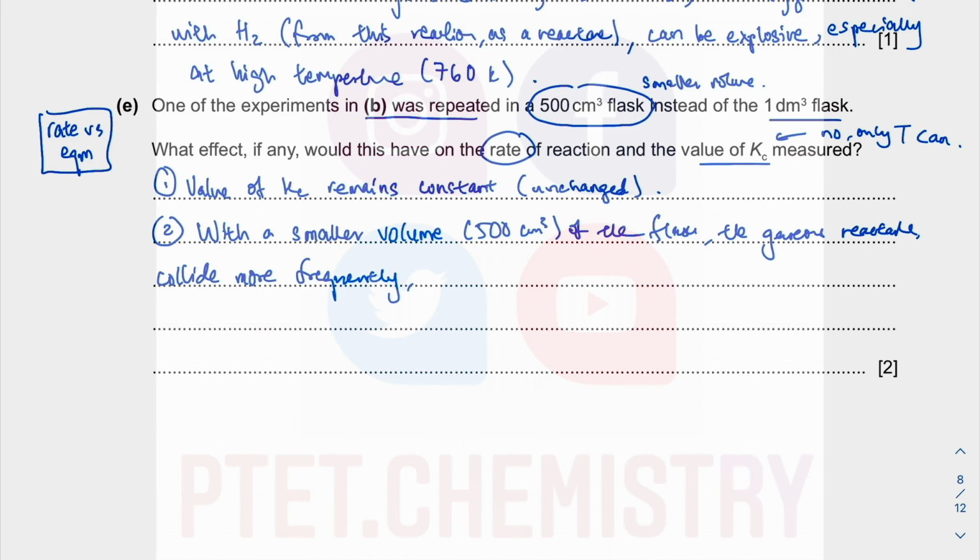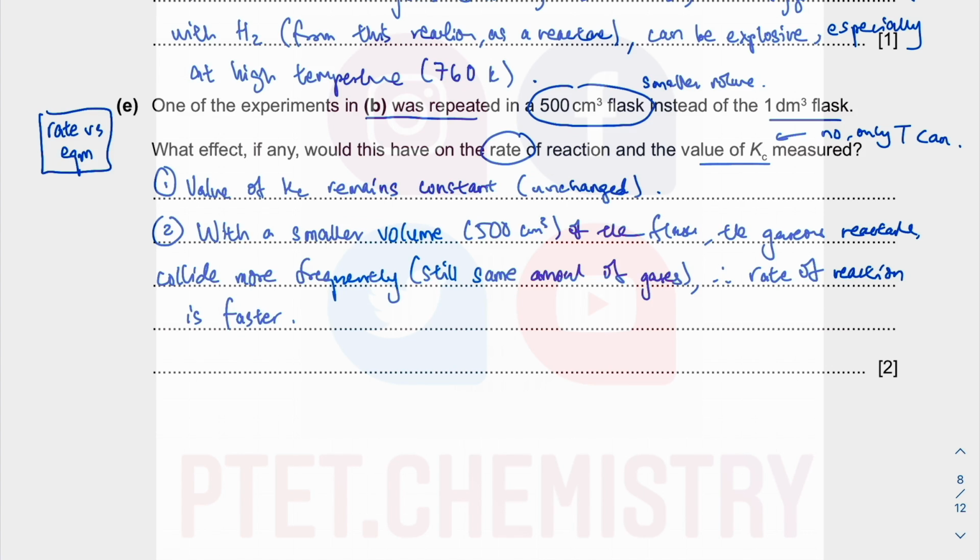You still have the same amount of gases, but in a smaller volume, so they will collide more frequently, and therefore the rate of reaction is faster. And again, they don't ask you to explain. I don't know why I have spent some time explaining it. Ideally, it would be enough if you just say the rate of reaction gets faster in that smaller flask, and the value of Kc remains constant in that smaller flask because you are not changing temperature.